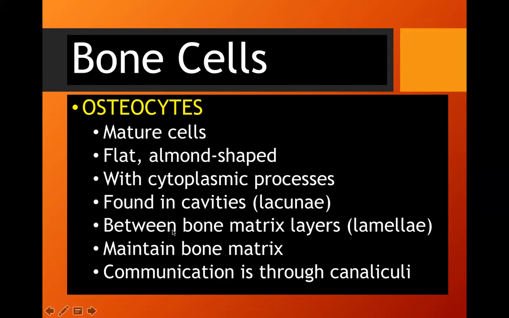They are found in between the bone matrix layers, and the function of the osteocytes is bone matrix maintenance, or it maintains bone matrix. In the osteocytes as well, we may find canaliculi. Bone canaliculi serve as communication or conduit of nutrients in between the osteocytes.